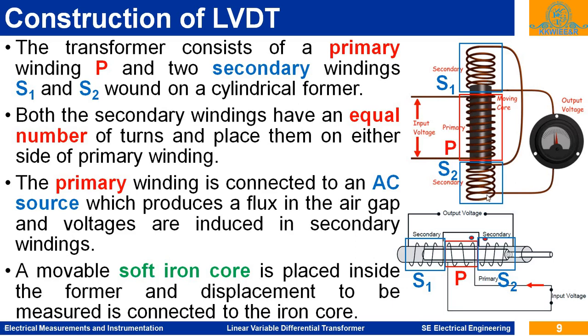So there is no iron core like in a transformer. This moving part will act as a core, and because of the movement of the soft iron core, the flux linkage changes and an EMF is induced in S1 and S2.